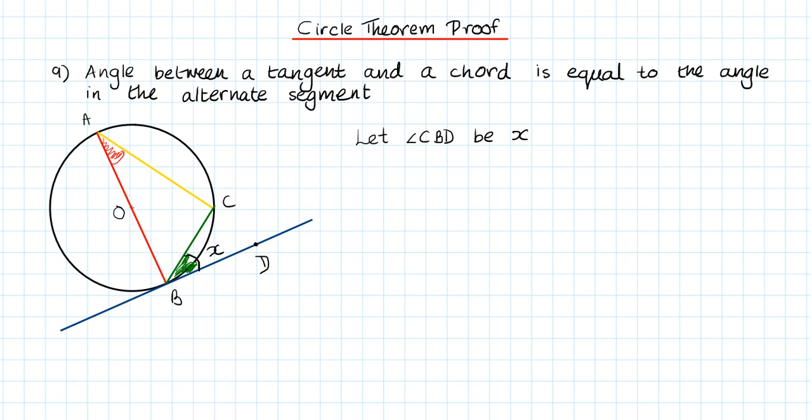Angle OBD is equal to 90 degrees, and the reason for this is OB is a radius and BD is the tangent, so radius and tangent meet at 90 degrees.